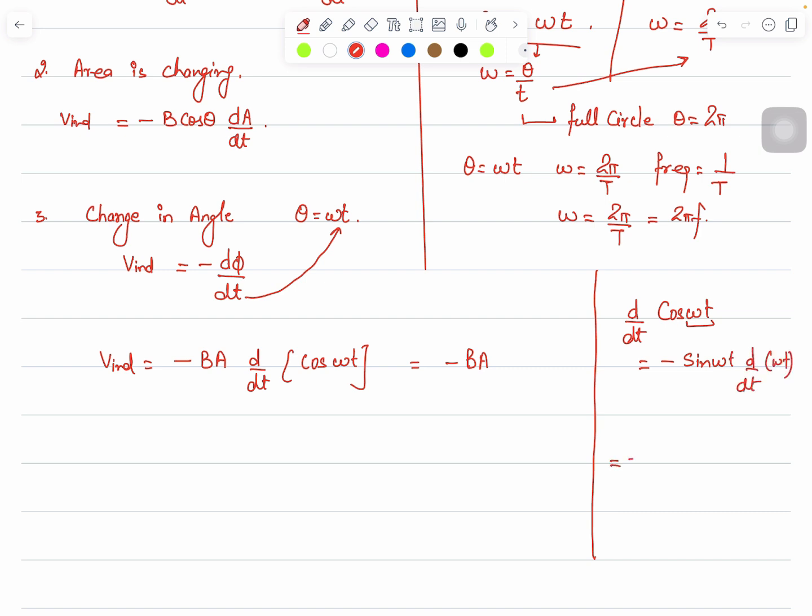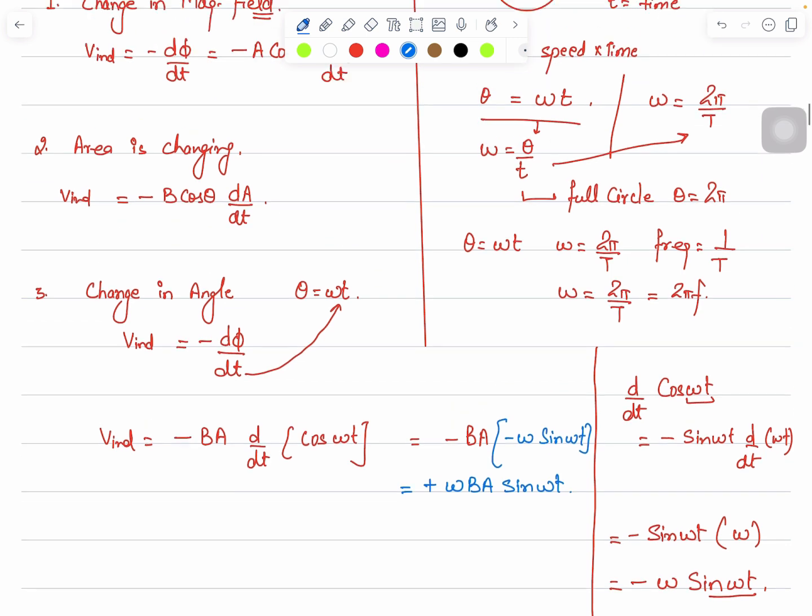Then what will you do? Negative sine of omega t. For omega t, you will get omega. So can I say negative omega sine of omega t? Fine. So I will write here negative omega sine of omega t. So what is the value? Positive omega BA sine of omega t.